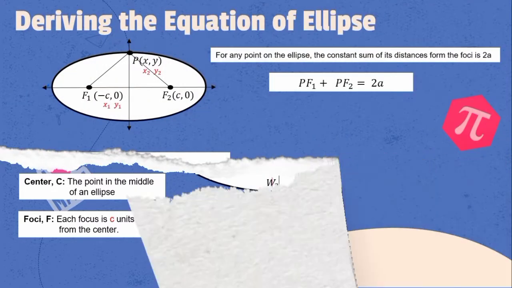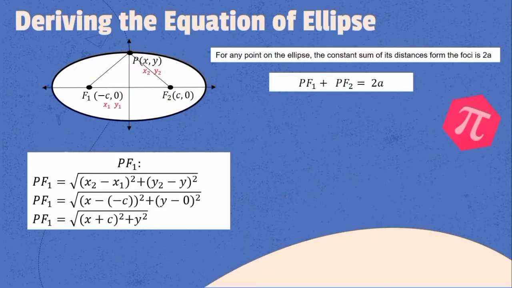Now recall that the sum of the distances of the foci to a given point is equal to 2a, which is the entire diameter of the major axis. We will be using this equation to derive the equation of the ellipse. Let us first get the distance of the first focus to the given point, which is line segment PF sub 1.